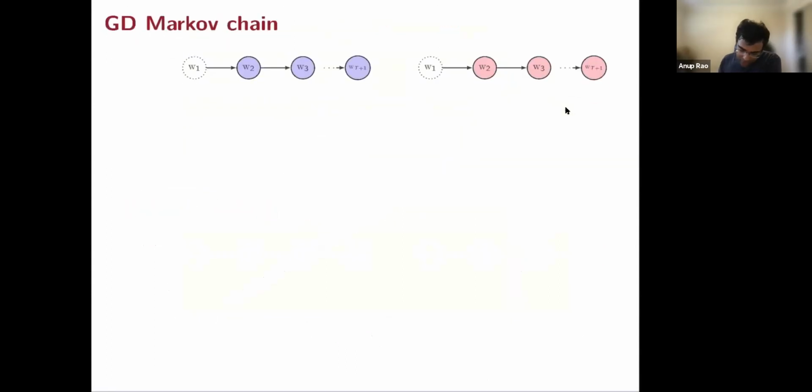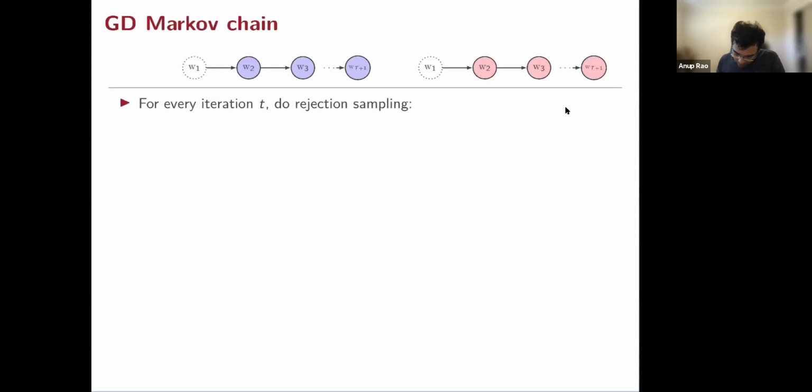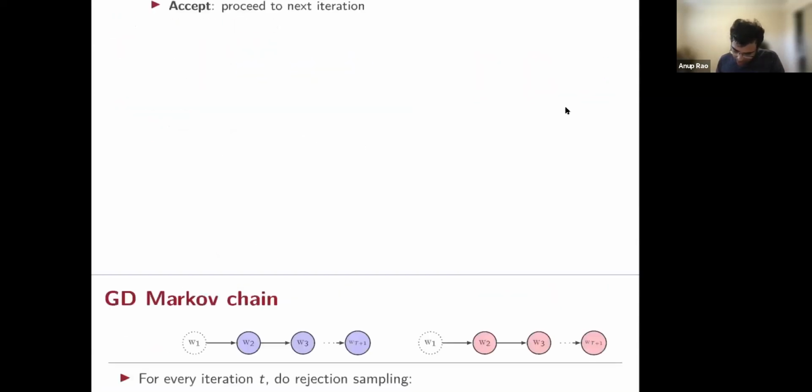Okay, so in the final few minutes, I'll wrap up by saying how we do this across all the time iterations, and why we need acceleration in the case of noisy gradient descent. First, for noisy gradient descent, this is what we do. We couple every time step.